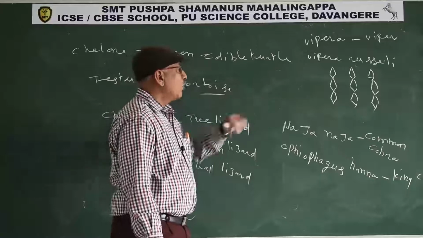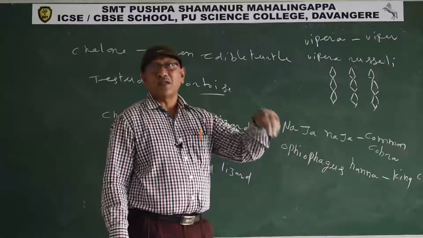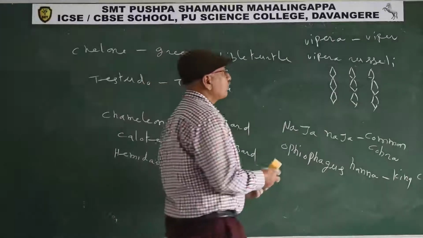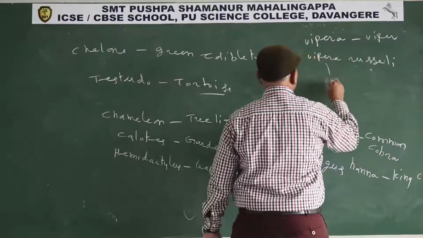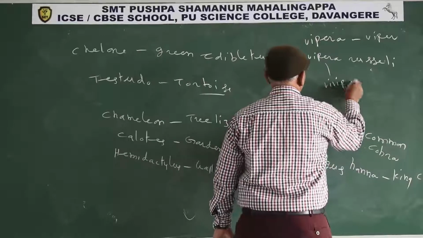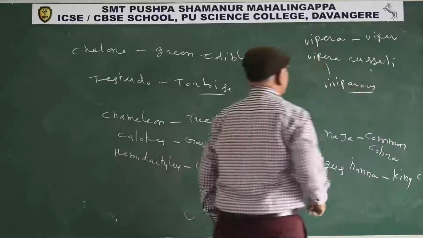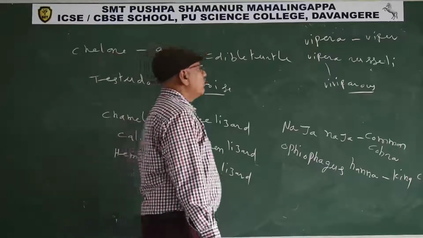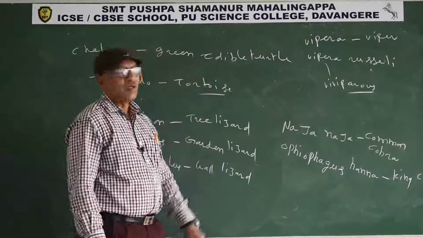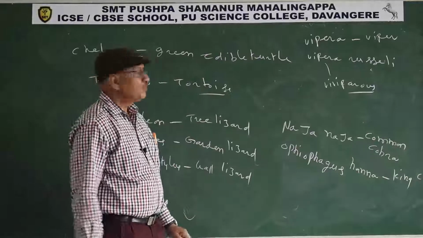Krait and cobra venom affect our nervous system. One more point is Vipera is viviparous. Viviparous means gives birth to young ones. Naja and Bungarus are oviparous. They lay eggs.